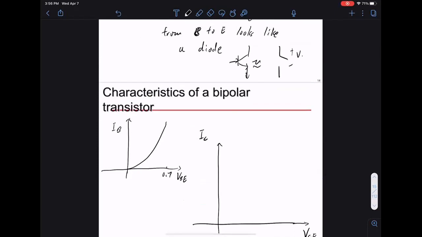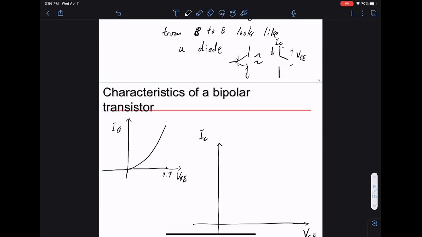You're looking at a voltage of VCE and a current of IC coming down this way. We want to look at how close this thing is to an ideal switch. Any questions up to now?